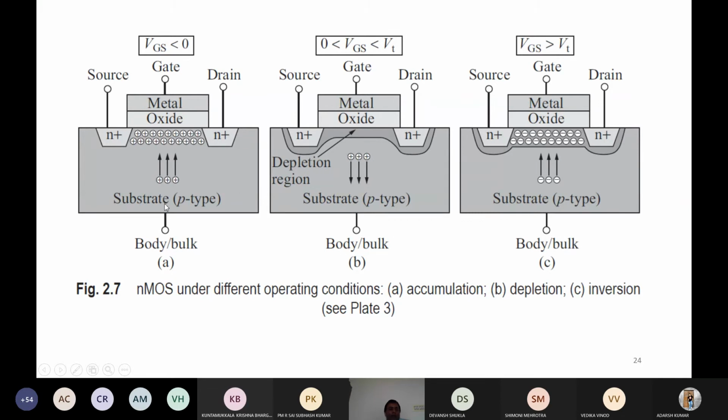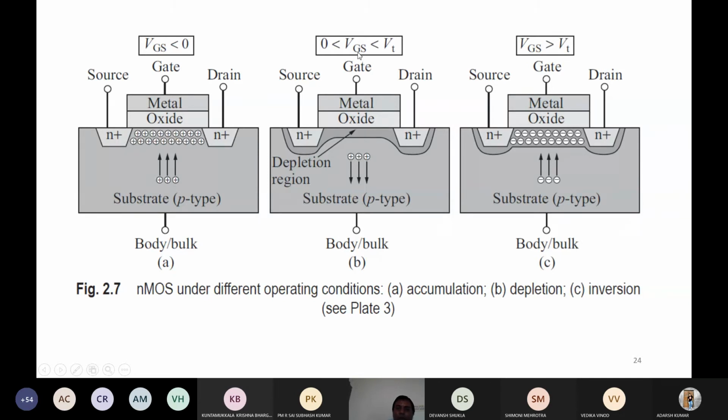Now we can see n plus source is there and n plus body is there. So we can see here, in the case where negative voltage is applied between gate and source, holes are accumulated near the oxide.